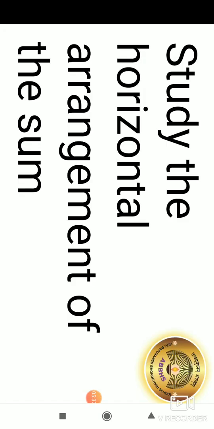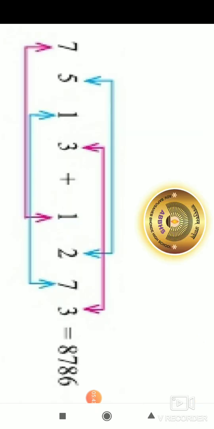Now study the horizontal arrangement of the sum. So students, you can observe here, the first number is 7,513 plus 1,273. In the same way we are going to add units to units.